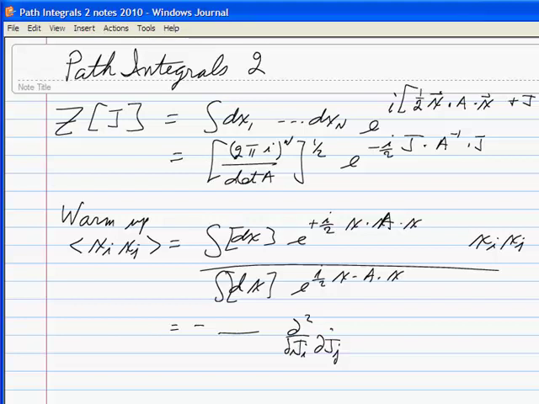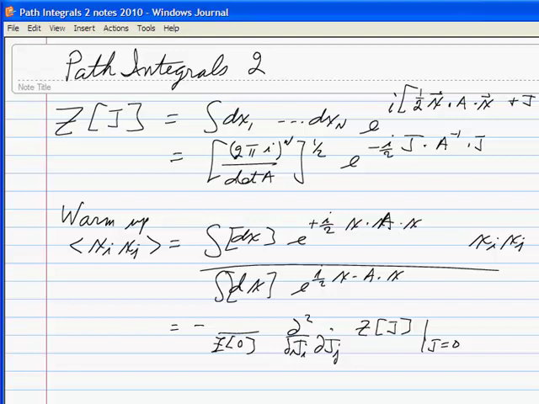In this sum there's i's and j's somewhere, and you differentiate with respect to one or the other, and then you're going to set at the end of that j equal to 0. That will give you the numerator, and the denominator is just gotten by setting z of 0. You just set j equal to 0 and you get the denominator.